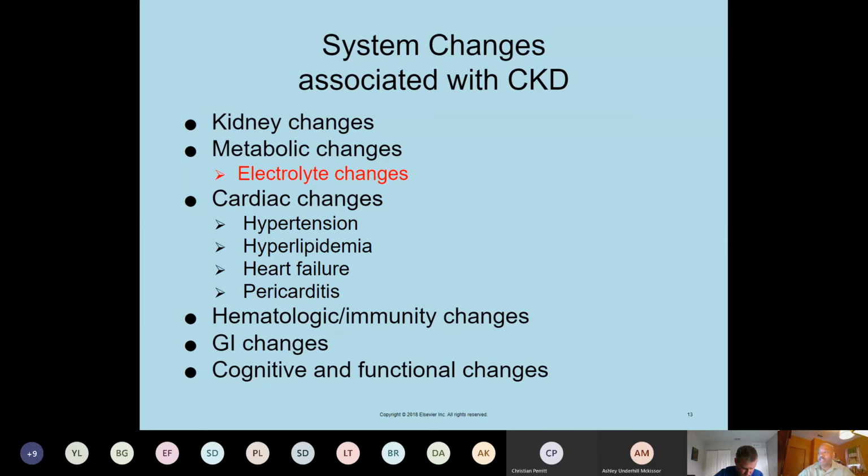So the signs and symptoms are worse when someone becomes more anemic. When someone has CKD, they have decreased levels of erythropoietin, which is a hormone that helps to produce red blood cells. When the levels of erythropoietin are decreased, these patients will develop decreased red blood cells.